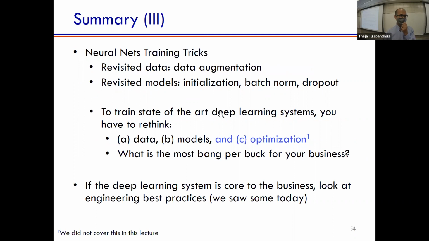And training tricks, we saw data augmentation, initialization, and batch norm as some considerations. Batch norm, by the way, is just available as a layer, so you can always add it to a neural network. Even Keras may have it. We haven't seen dropout. We'll see that next time. Basically, what we've seen today, neural network training tricks, is mostly focused on data and some modeling related choices, like adding a layer or some model specific detail.